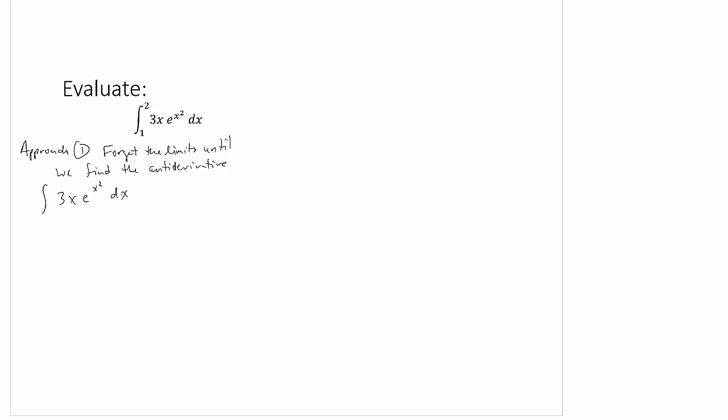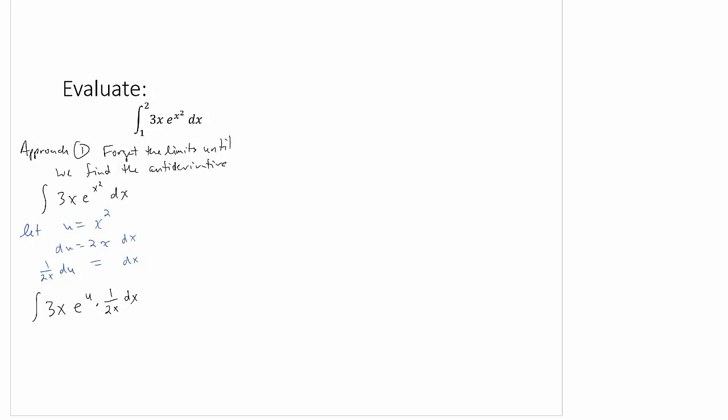I know how to integrate e to a power. That's fairly easy. So I'm going to make the substitution. I'm going to try and let u equal the power. I'm going to let u equal x squared. So then du would equal 2x dx. And then dx would then equal 1 over 2x du. And my integral becomes 3x e to the u times 1 over 2x du.